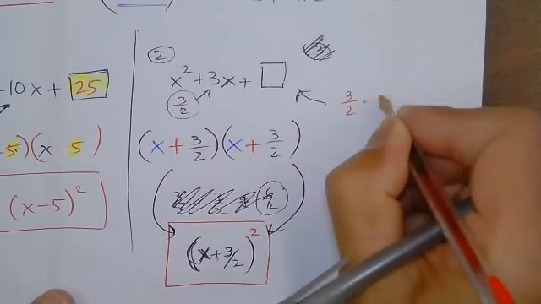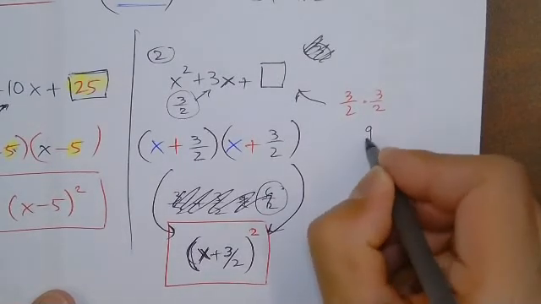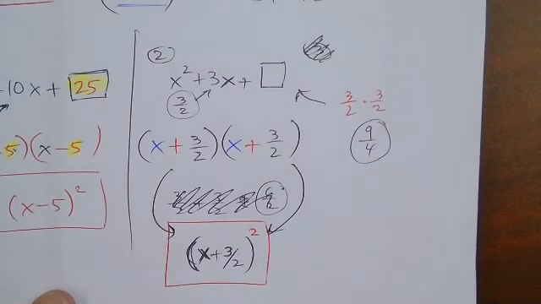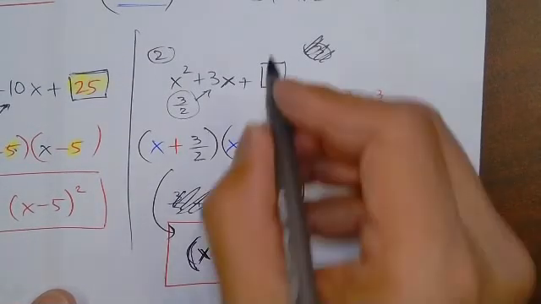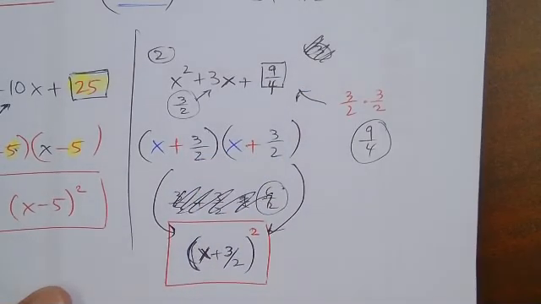Yes. To get that number, it would have to be multiply these two. 3 over 2 times 3 over 2 is what? You guys agree 3 times 3 is 9 and 2 times 2 is 4? That's what goes there. I know it looks weird. You don't care about all that. That's the way it goes.